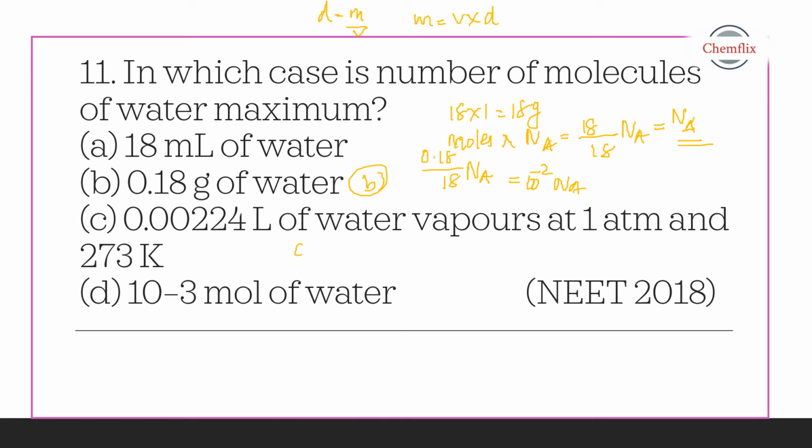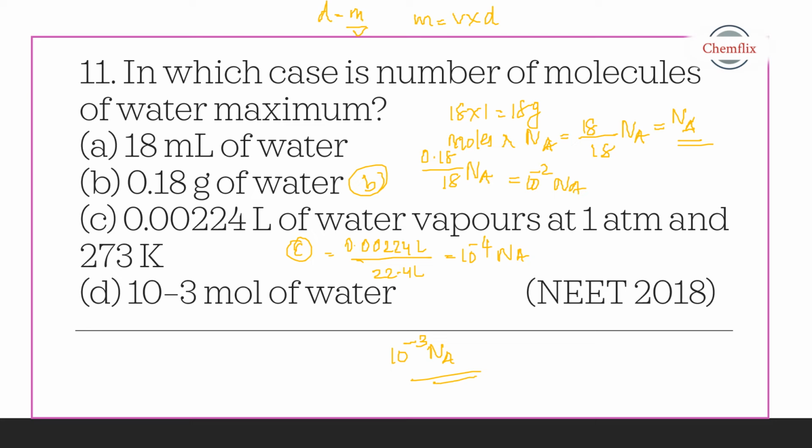Then coming to option C, 0.00224 liter divided by 22.4 liter is equal to 10 to the power minus 4 Na. Then the last one, option D, 10 to the power minus 3 mole of water, that is 10 to the power minus 3 Na.